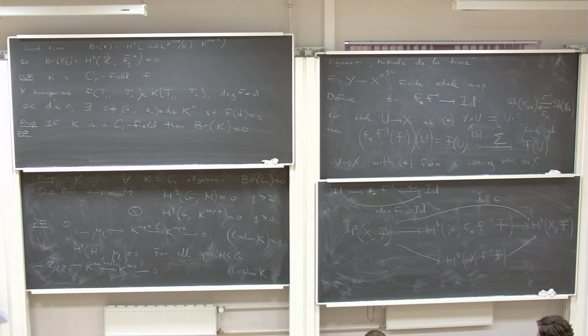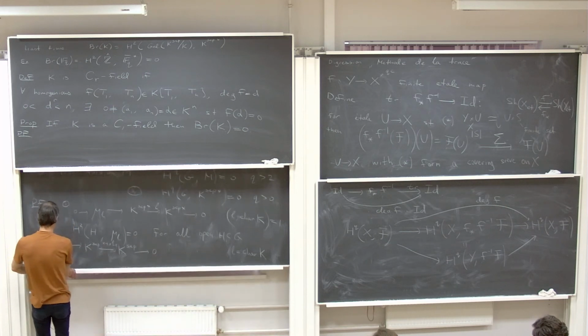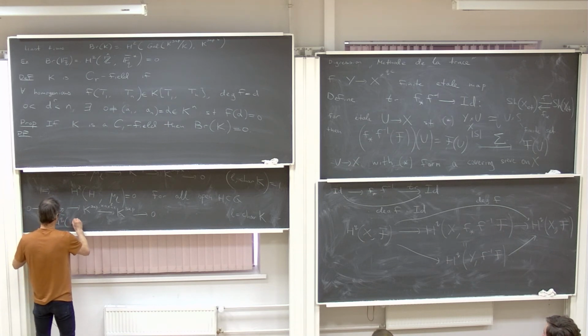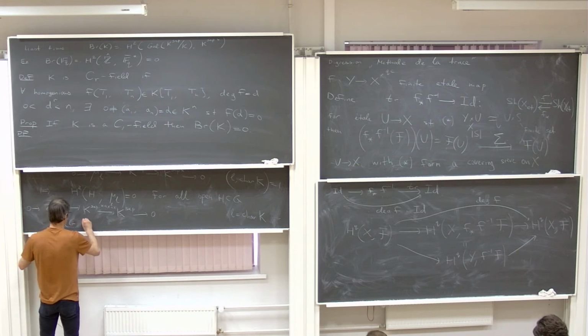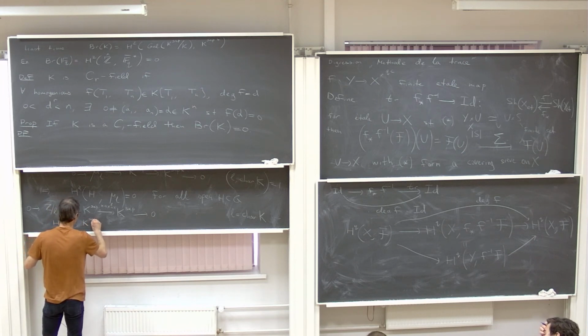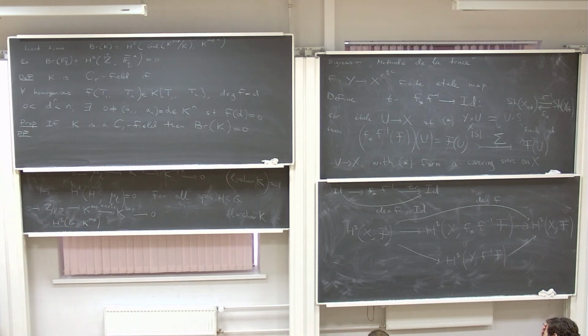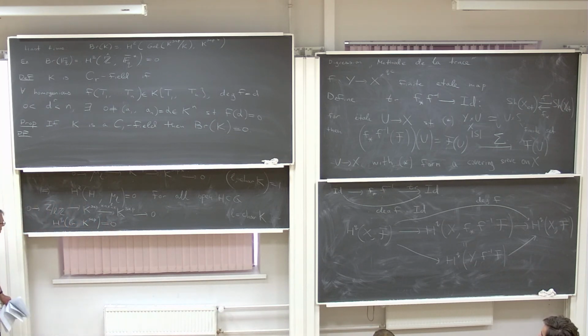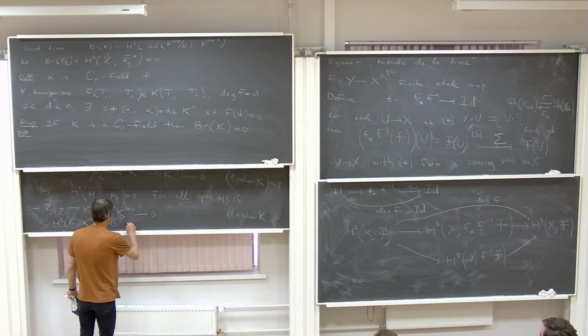That's the map, and this is also surjective. So that's a homomorphism, and therefore it's a short exact sequence. And it implies, for any field, the cohomology of the Galois group G with coefficients in K sep, the additive group, is equal to 0 when q is greater than 0.